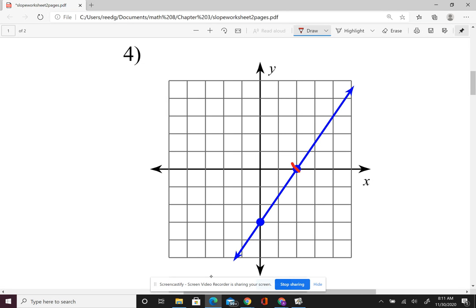Okay. Ryan. That dot is on 2, 0. Okay. And then that dot down there is -3. -3, 0. How about 0, -3?